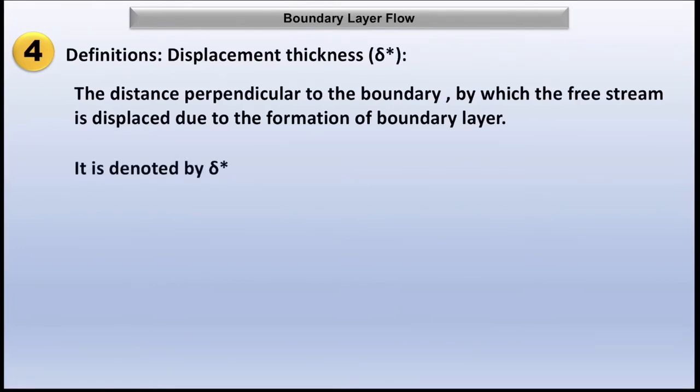It is defined as the distance measured perpendicular to the boundary of the solid body by which the boundary should be displaced to compensate for the reduction in the flow rate on account of boundary layer formation. So whatever the loss of flow rate due to the boundary layer formation, that will be filled up with this displacement thickness if the boundary is displaced by that much amount. Okay, understood?